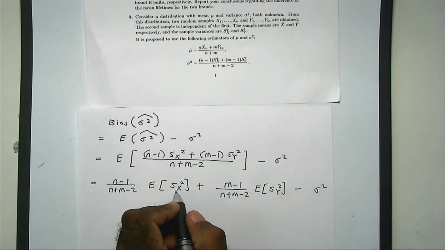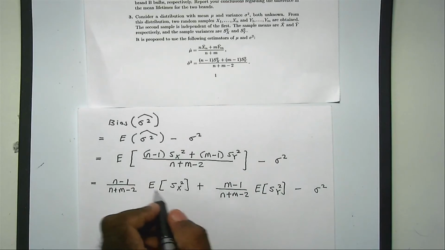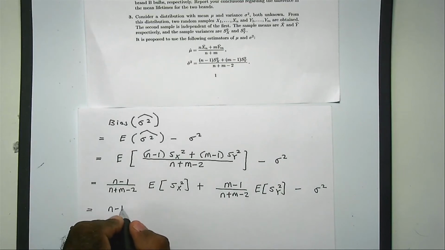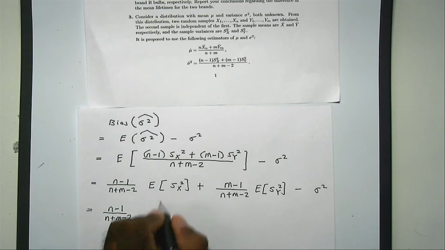Now remember that the sample variance with the 1 divided by n minus 1 or m minus 1 is an unbiased estimator of the population variance, which I mentioned in the class. So the expectation of that must be equal to sigma squared.